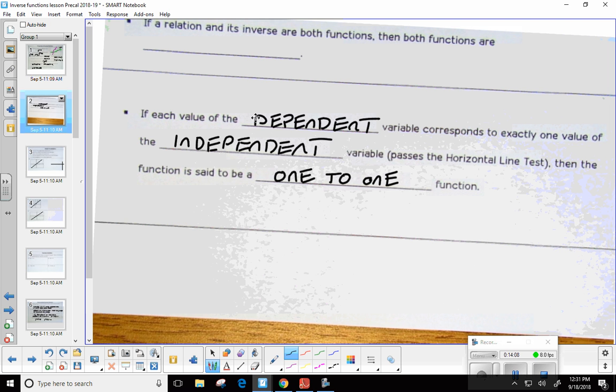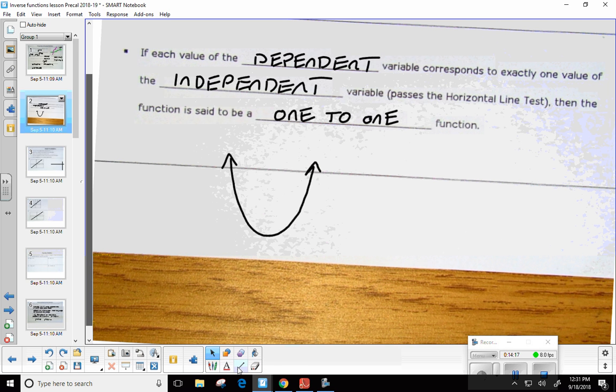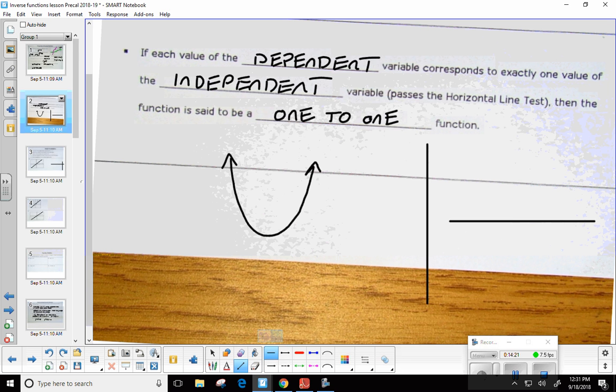So if I were to give you an example, let's say this guy right here. Let's just go with a general parabola. Let me get a vertical line and a horizontal line, and let me do this with the mouse because it's going to work way better than the screen. Now keep in mind, I'm not the best artist in the world.